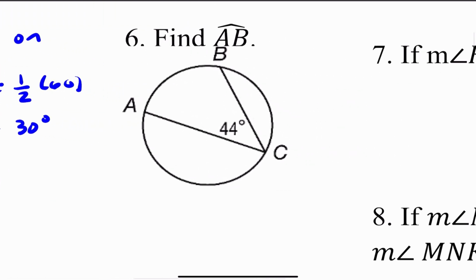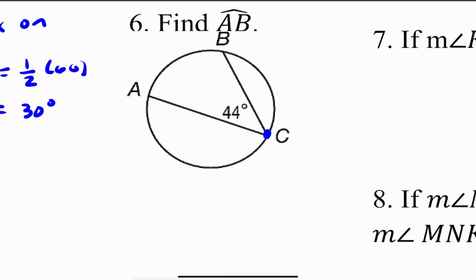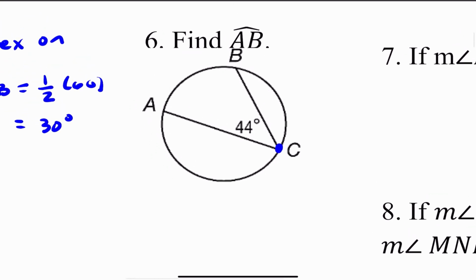Number 6, find arc AB, or the measure arc AB. Okay, so again, the vertex is on the circle. So if I'm given the angle this time, then all I need to do is take this number and multiply that by 2.